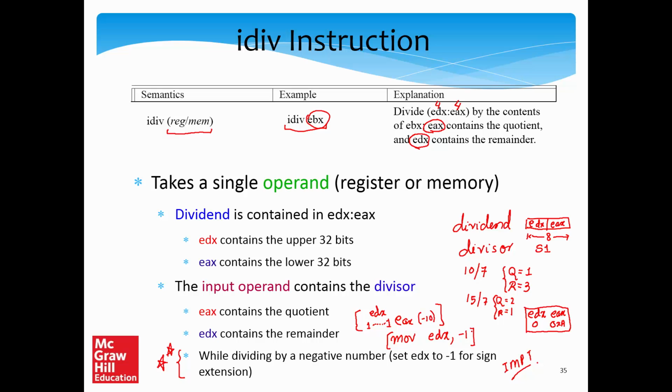So if EAX is positive, we set EDX to 0, and if EAX is negative, we set EDX to all ones, extending the sign of EAX, and the way this can be done is we move minus 1 into EDX. So this is very, very important. It's a big source of bugs. So I request all readers, listeners to keep this in mind.